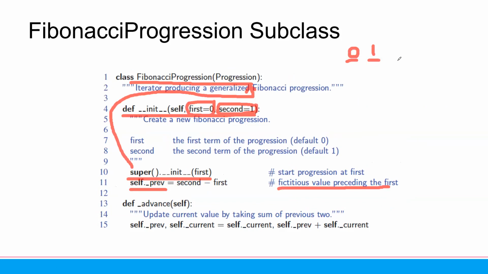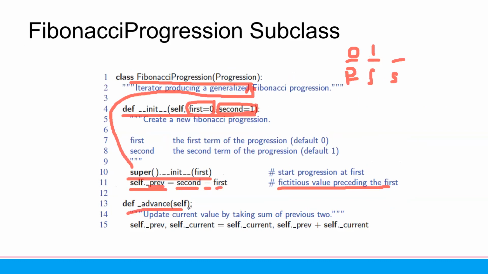So if I want to know the next one, after I know this one, then this is the second, this is the first, and it becomes the previous value. So by using this formula, I can know the second minus the first.